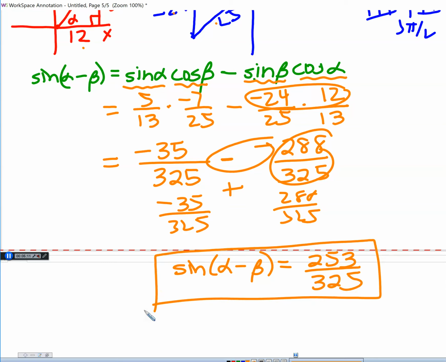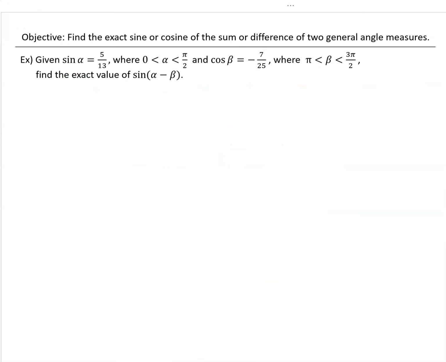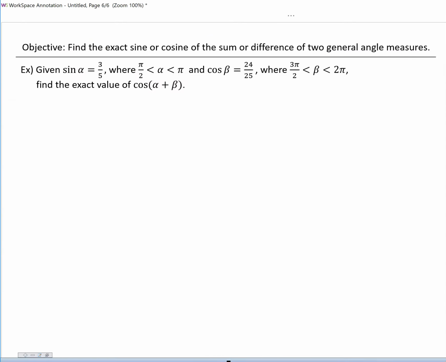All right, let's take a look at another problem. We are given the sine of angle alpha as 3/5.